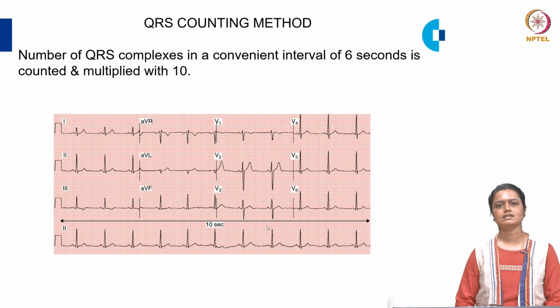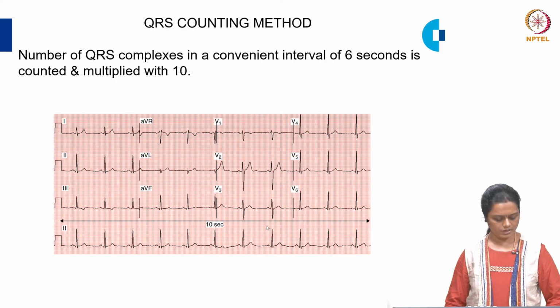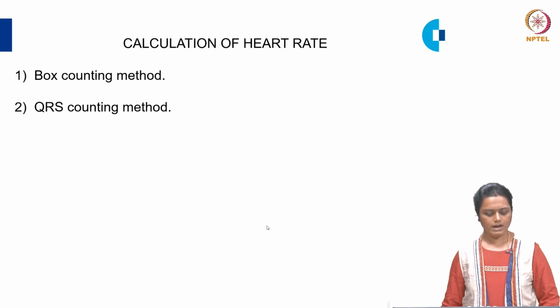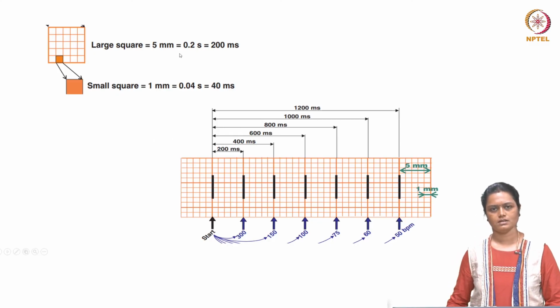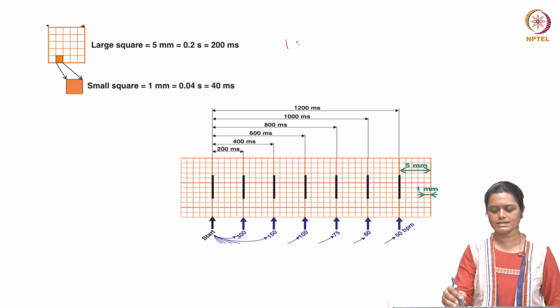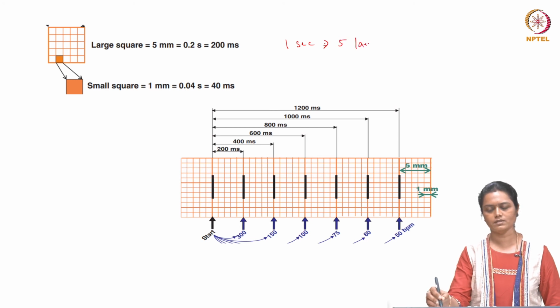The next method is the QRS counting method, for which you have to obtain an ECG recording for either 6 seconds or 10 seconds. Remember, one large square is equal to 0.2 seconds. So, for a recording of 1 second, you count 5 large squares.